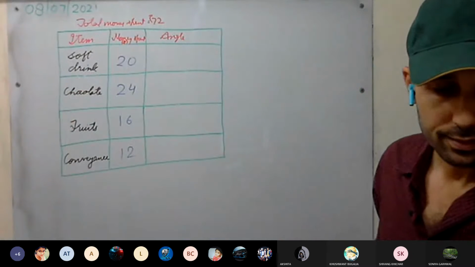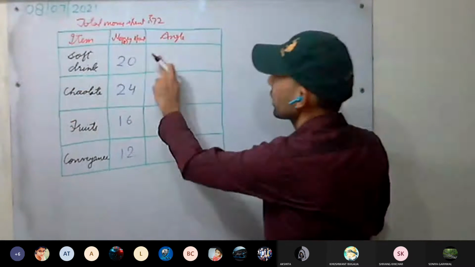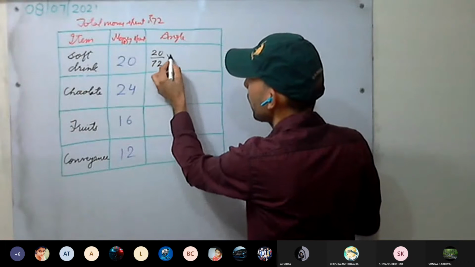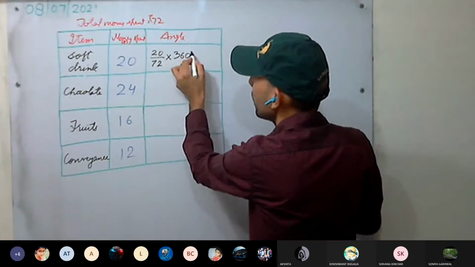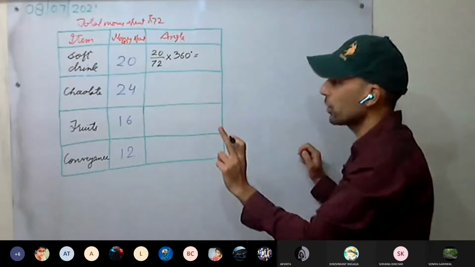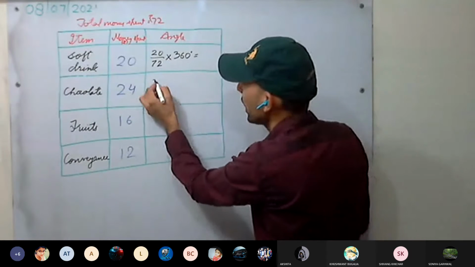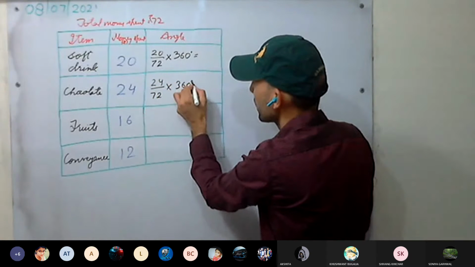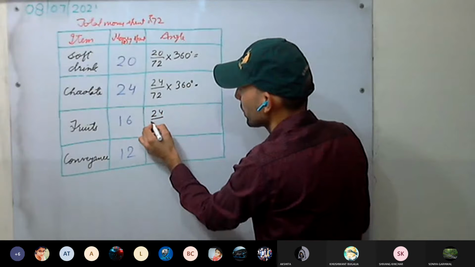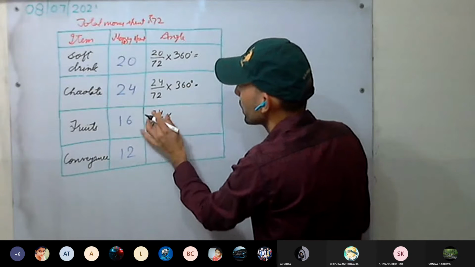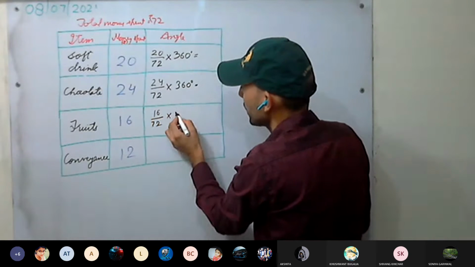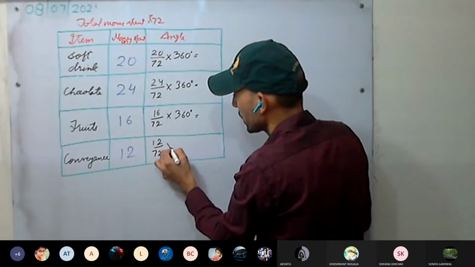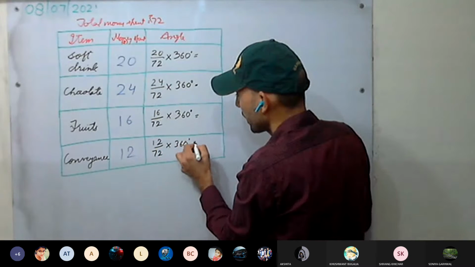Now calculate the angle. How to calculate the angle of the sector? Total is 72, so 20 out of 72 he spent on soft drink. You can do one thing. In each it will be like this: 24 upon 72 into 360 degrees, 16 upon 72 into 360 degrees, 12 upon 72 into 360 degrees.